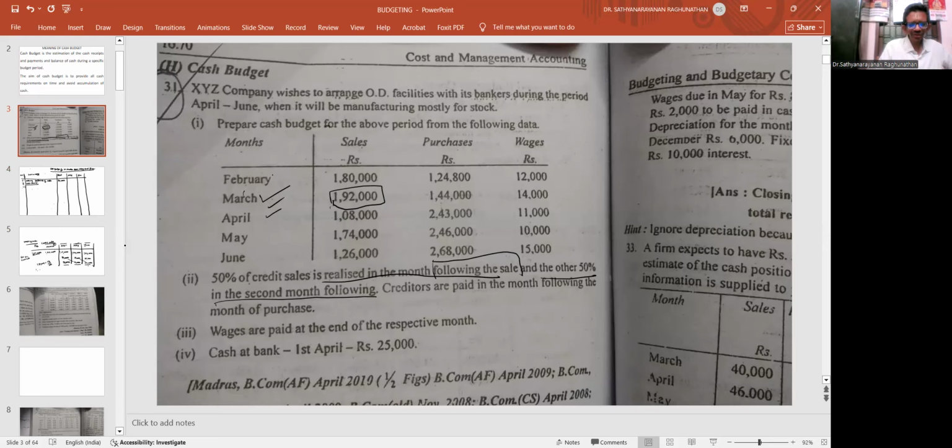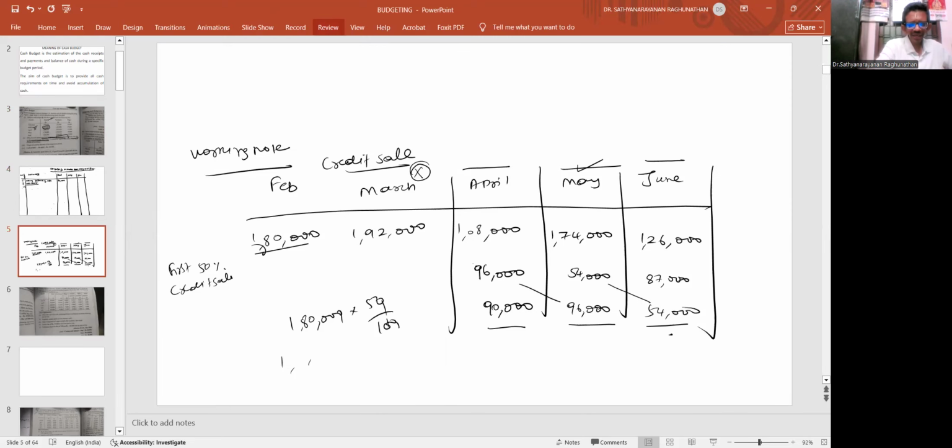You take the sales only. February 1,80,000. March 1,92,000. April 1,08,000. May 1,74,000. June 1,26,000.